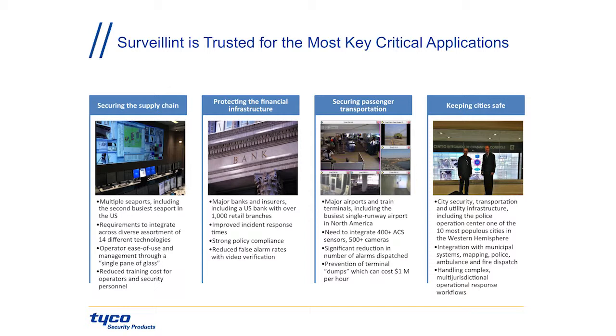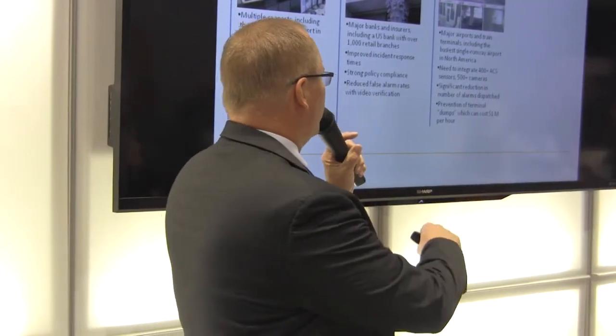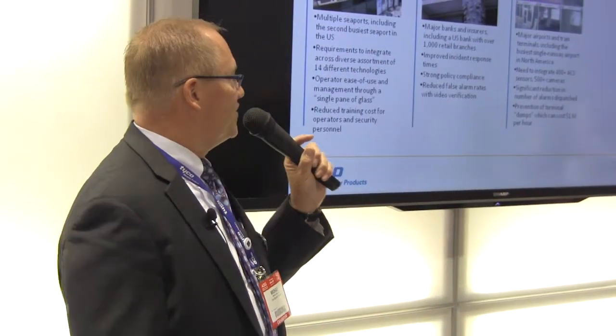The result, an improved ability to assess incidents and prevent something called terminal dumps, which are very costly for airports, where they have to clear an airport. We're talking $1 million an hour. So if they can prevent that with this technology, it pays for itself.